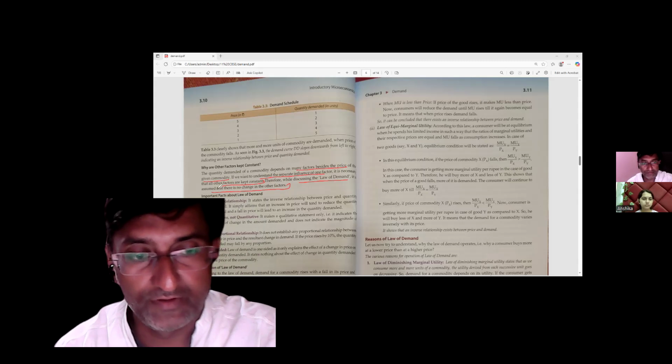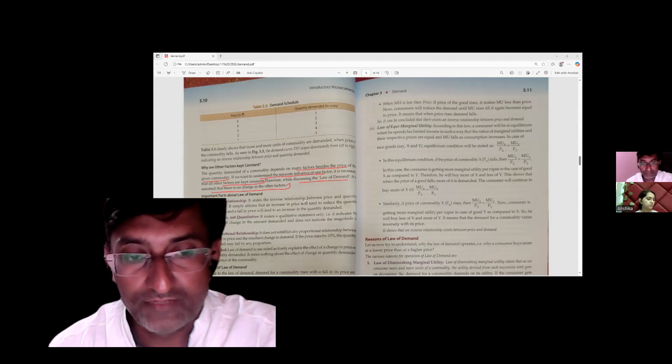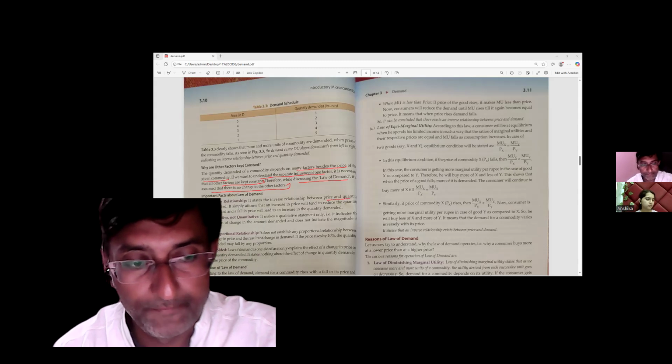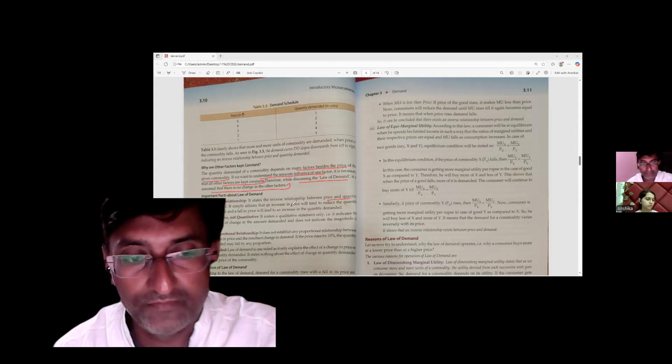Now let's see again, what are the important features of the law of demand? Inverse relationship, first one. It states the inverse relationship between price and quantity demanded. It affirms that an increase in price will tend to reduce the quantity demanded. Simple point, keep in mind.